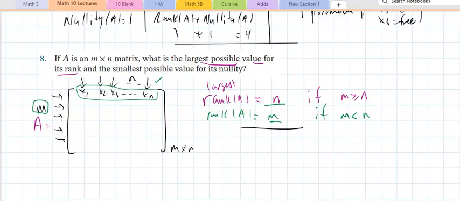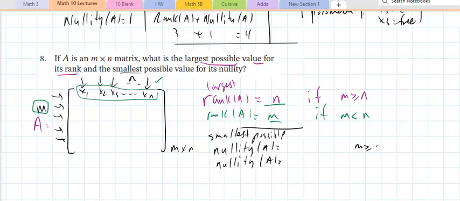And of course, the smallest possible nullity, that also has 2 conditions. The first case, and think about it, if I have 5 and I have 7, well, the number of pivots would be at most 5.